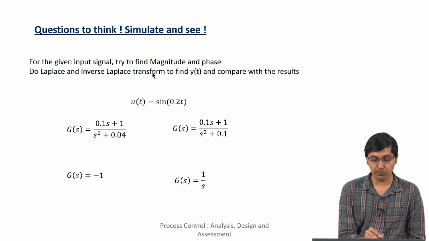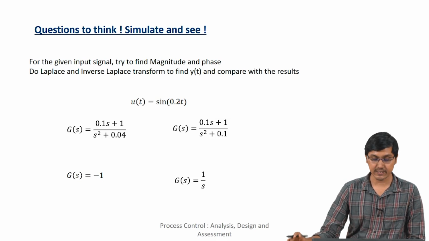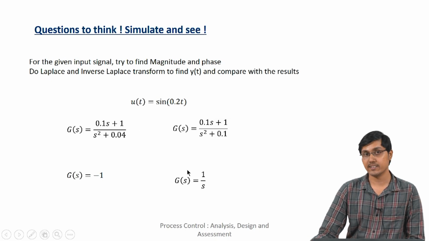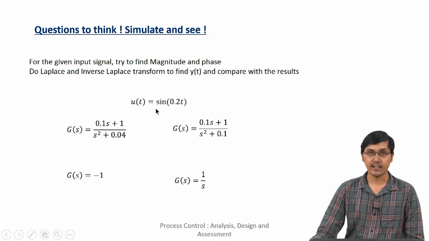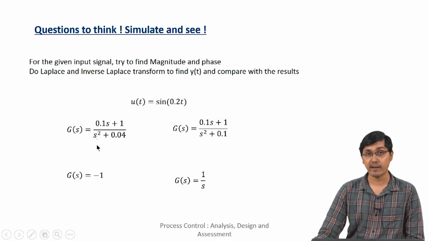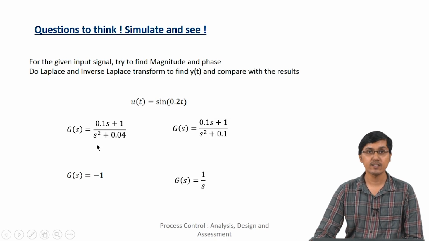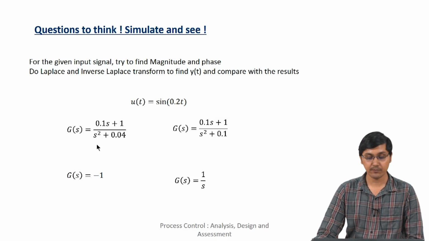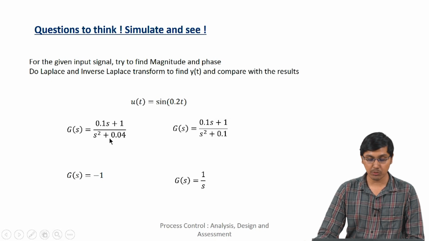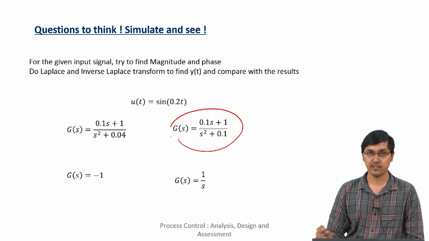Take the input waveform as u of t equal to sin 0.2 t and take these 4 different transfer functions, simulate and see, and also take the inverse Laplace transform and see if you can find the equation and compare it with your simulation to see whether both are matching. We can discuss this in the next lecture, especially this particular transfer function.